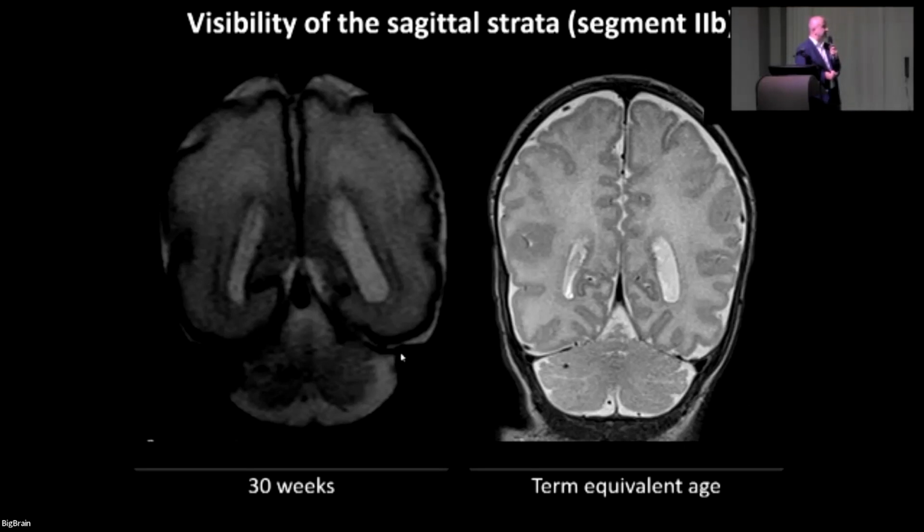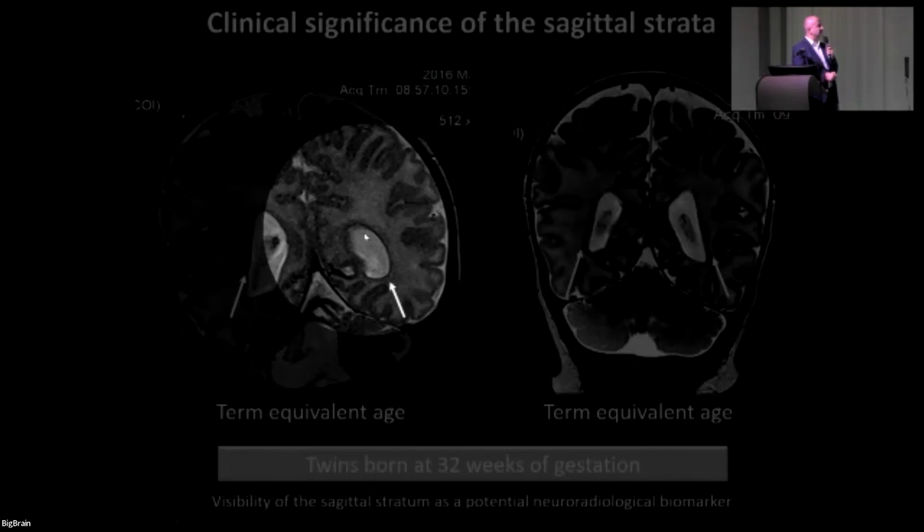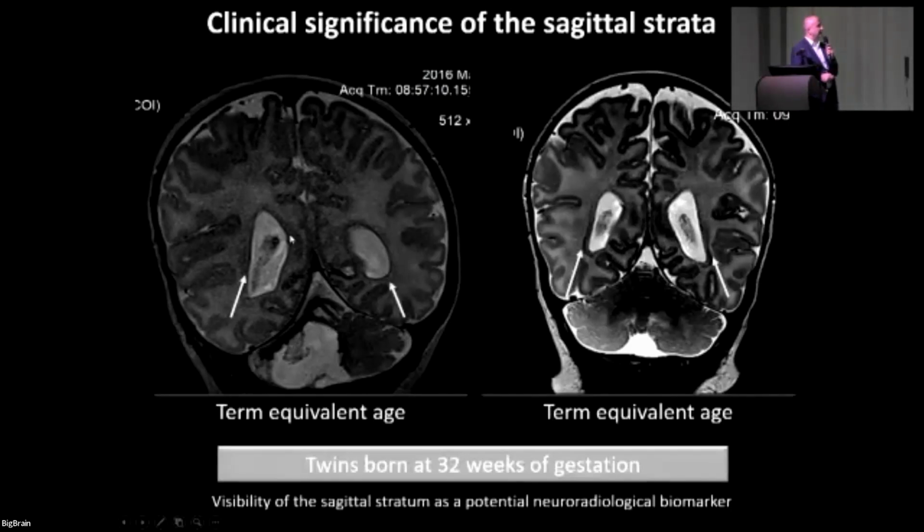Visibility of sagittal strata is high in premature babies. If you scan a premature baby of 30 weeks, you would see this sagittal strata around the trigone or occipital horns of the lateral ventricles.